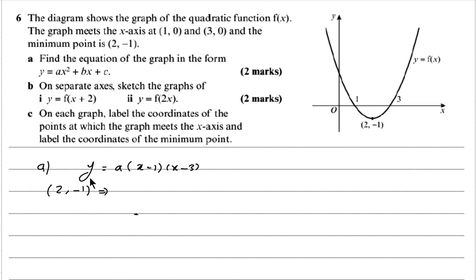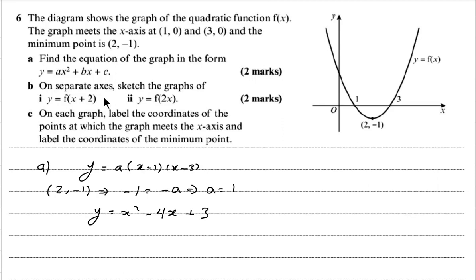So if we put x equals 2, y should be negative 1, right? X equals 2 means this bracket will be 2 minus 1, 1. 2 minus 3 is negative 1, so it will be negative a, which means that a is 1. And then y should be x times x, x squared, and then negative x, negative 3x, negative 4x, and finally plus 3, which means that a is 1, b is negative 4, c is 3.